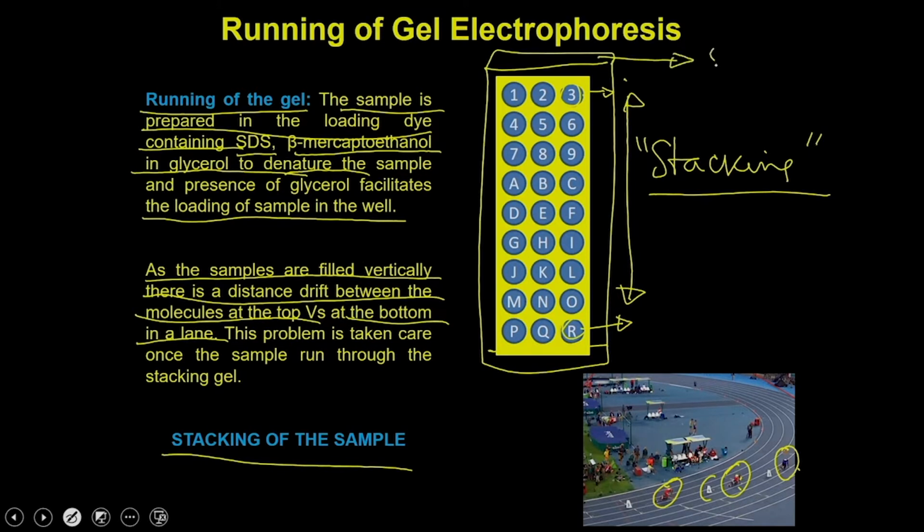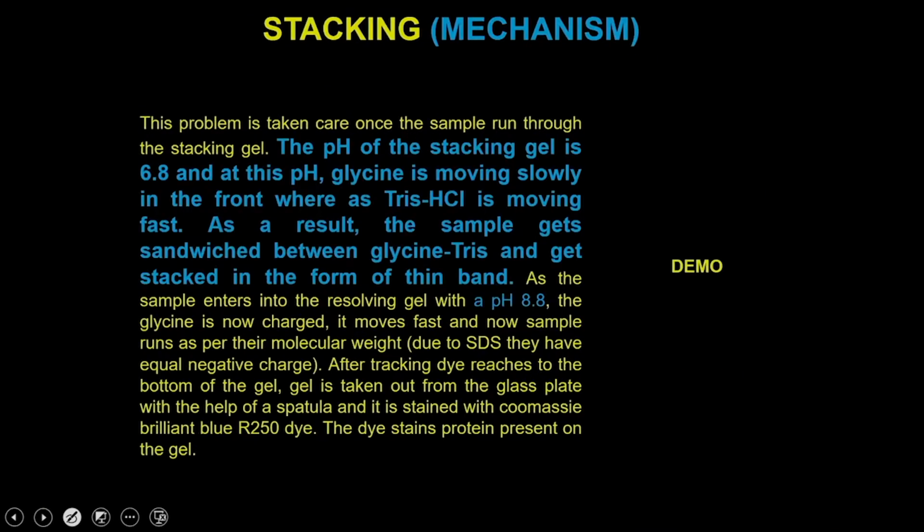That is why the well has to be prepared in the stacking gel, and you have to stack the sample. And why is the stacking gel actually doing the stacking? Because the pH of the stacking gel is 6.8, and at this pH the glycine is moving slowly in the front, whereas the tris HCl is moving very fast.